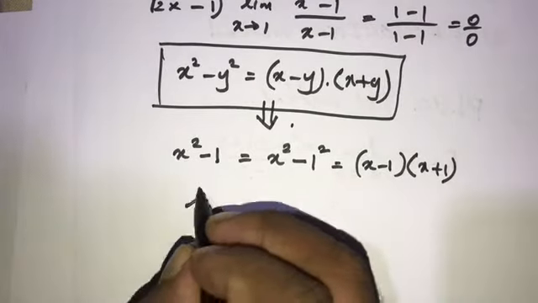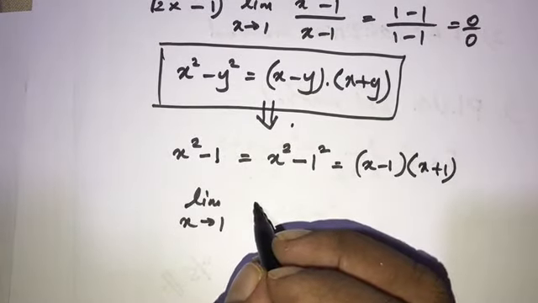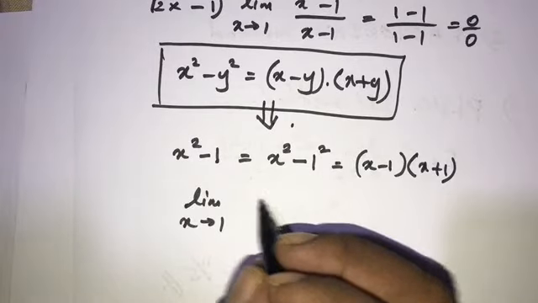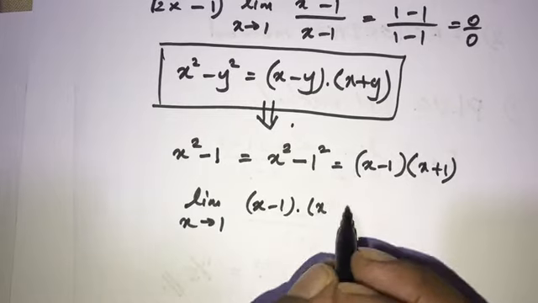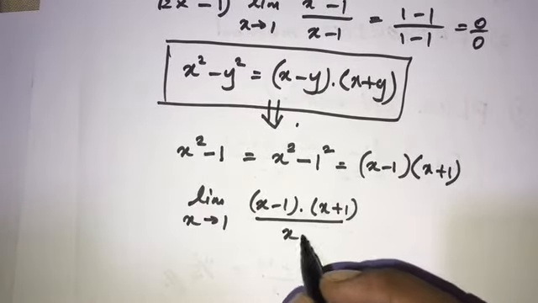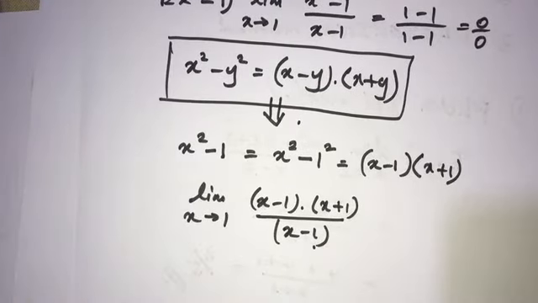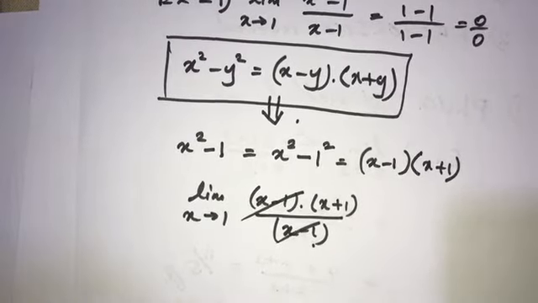So the problem is limit x goes to 1. The numerator x squared minus 1 is equal to x minus 1 times x plus 1, over x minus 1. So dividing out, x minus 1 gets cancelled.